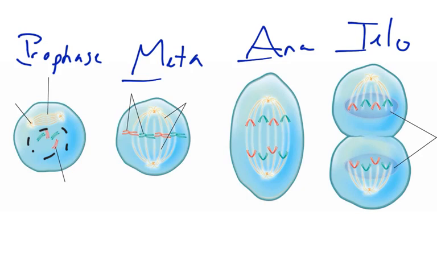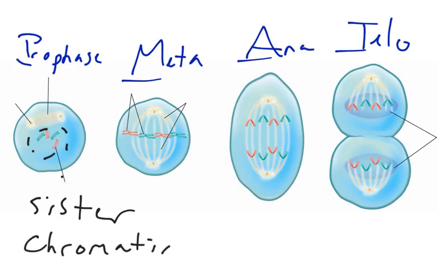You see this arrow pointing to a pair of chromosomes there. Those chromosomes are two identical chromosomes bound together, and we call those sister chromatids. Each one's a chromatid, and together they are sister chromatids just because they're the same one. One's a copy, one's the original.